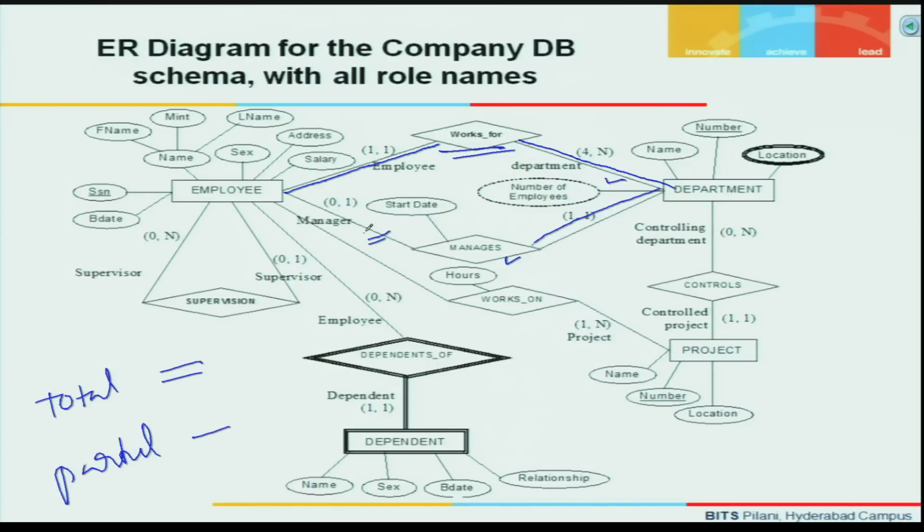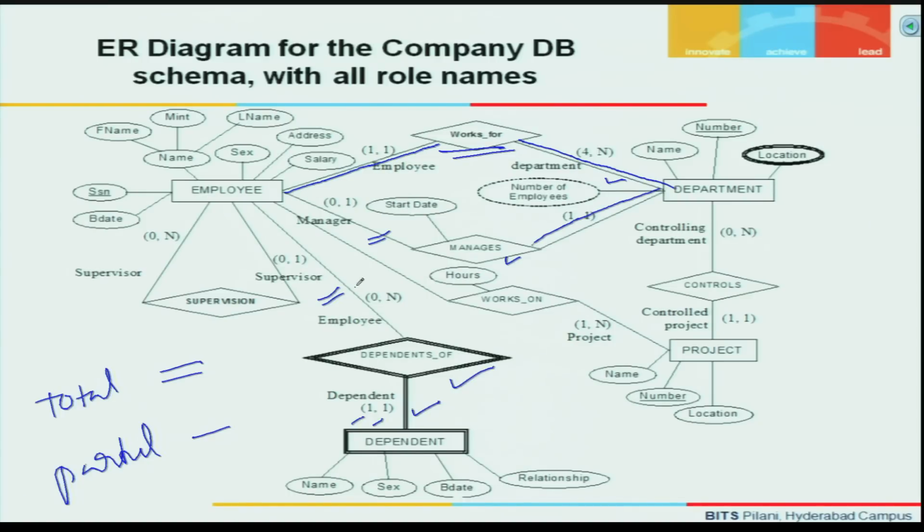Then look at the participation constraint between the employee entity type and the dependent entity type. It indicates that every dependent must have an association with at least one employee, maximum one employee. That's why it is a double line, which says that it is total participation. And if you carefully observe this association, the company rule says that some employees may not have any dependent at all.